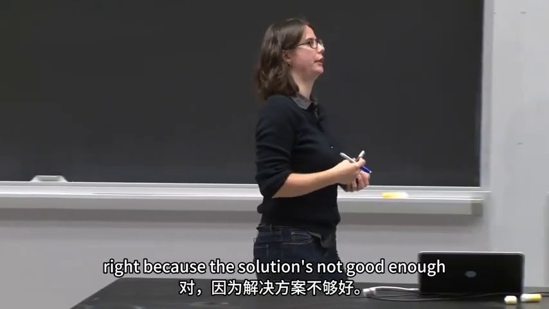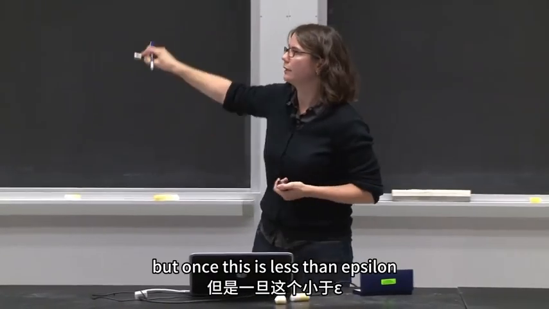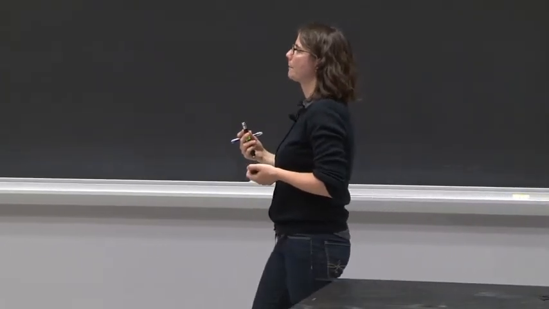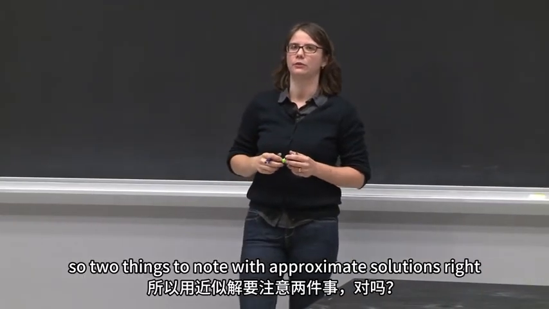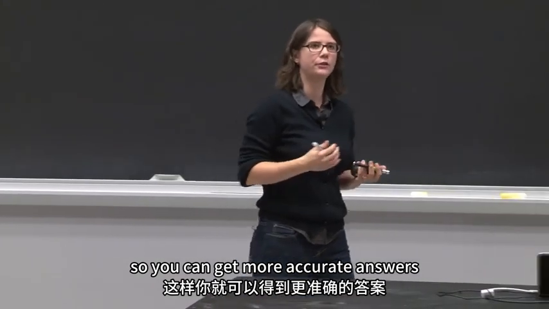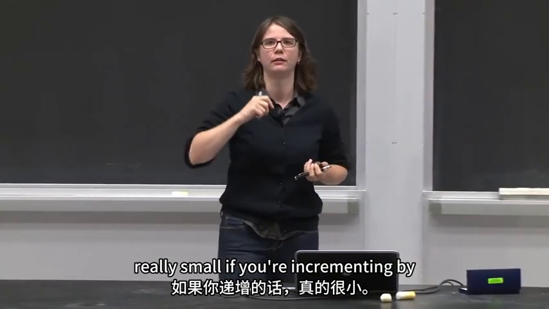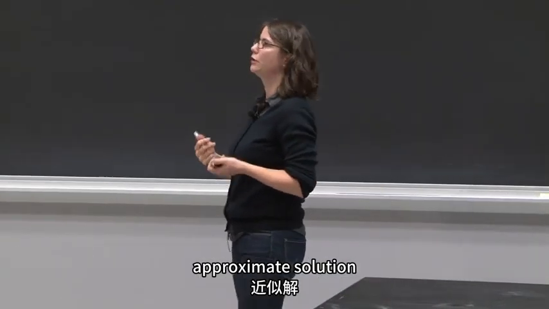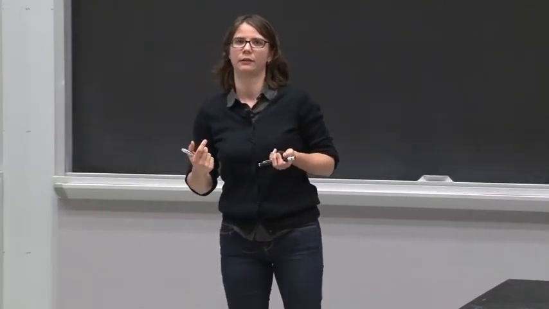Because the solution's not good enough. But once this is less than epsilon, then we've reached a good enough solution. So 2 things to note with approximate solutions, right? So you can get more accurate answers if your step size is really, really small. If you're incrementing by 0.00001, you're going to get a really good approximate solution, but your program will be a lot slower. Okay?